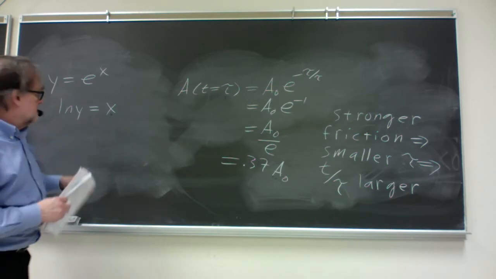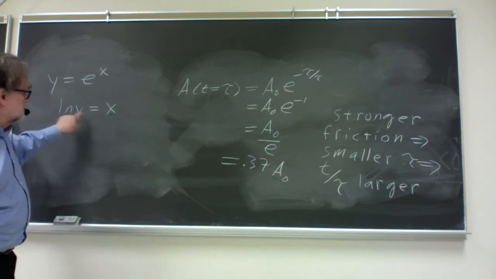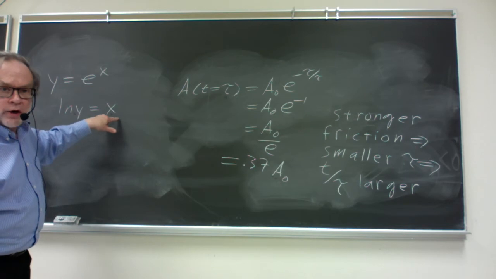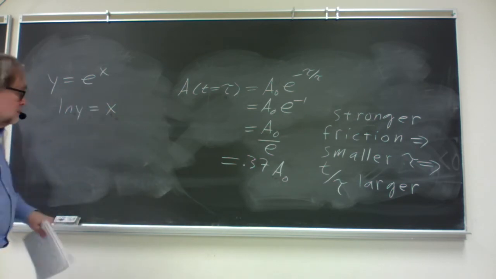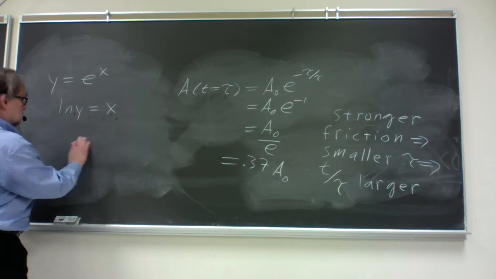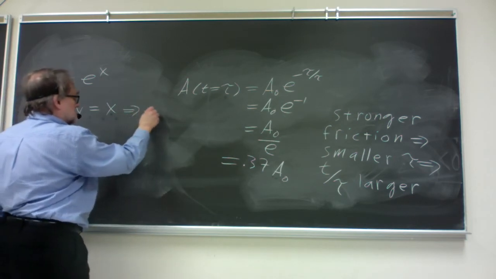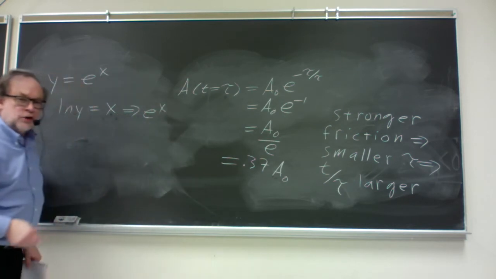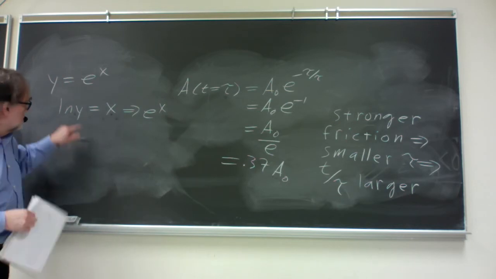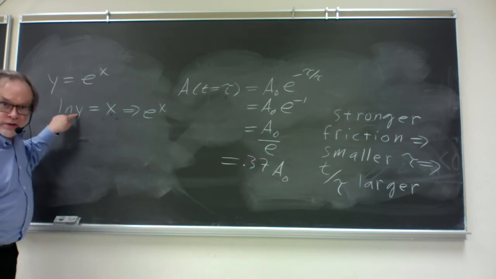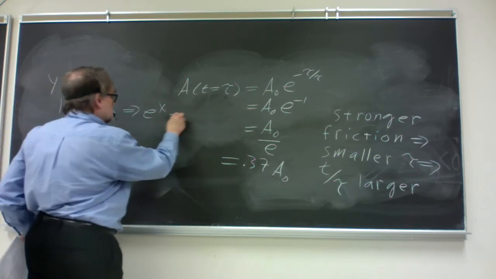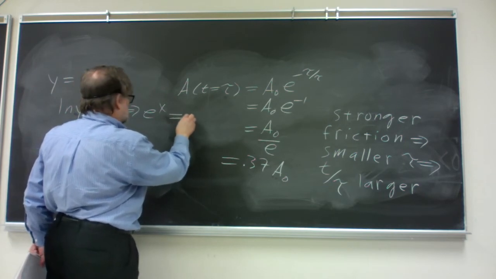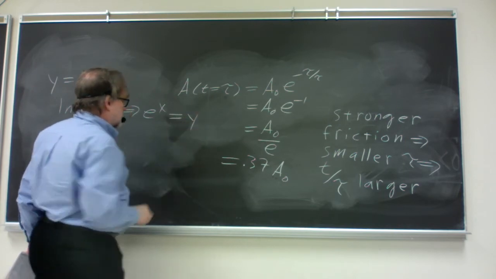The logarithm of y, also known as x, is the power to which you raise e in order to get whatever is here in this slot of the natural log function. Like that.